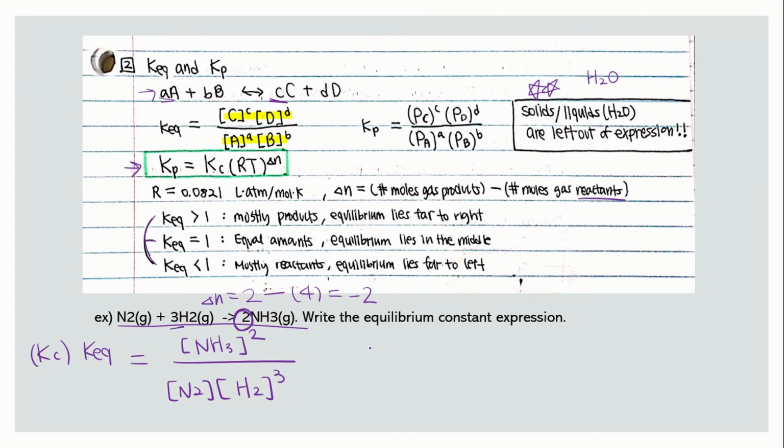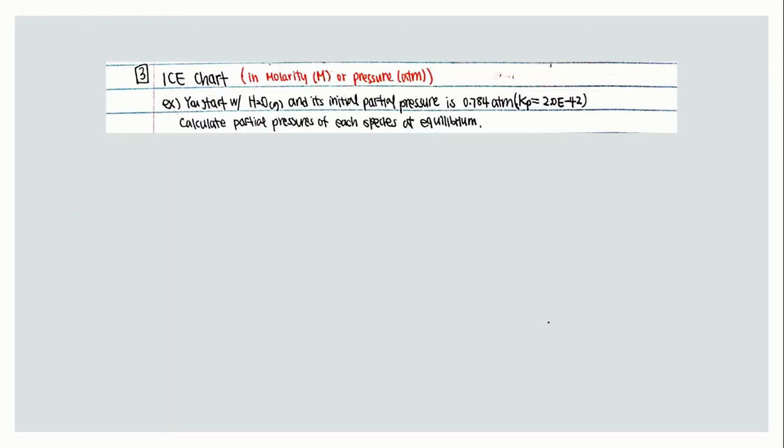In the same manner, Kp would equal the pressure of NH3 squared over the partial pressure of N2 times the partial pressure of H2 cubed. These will be your equilibrium constant expressions.